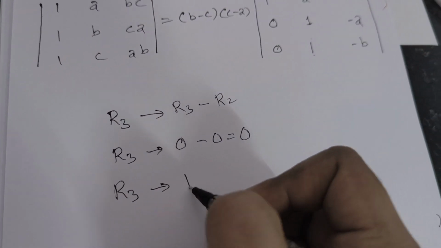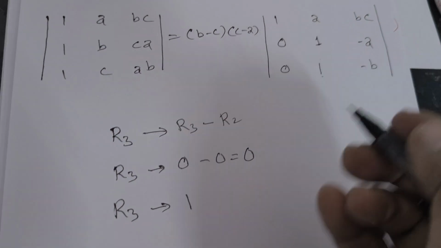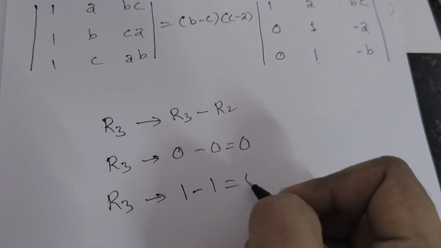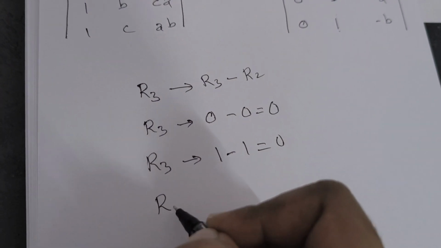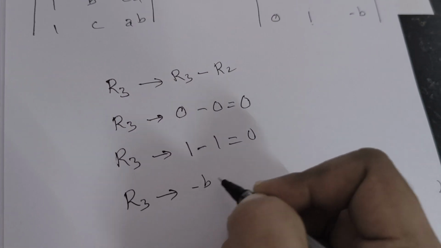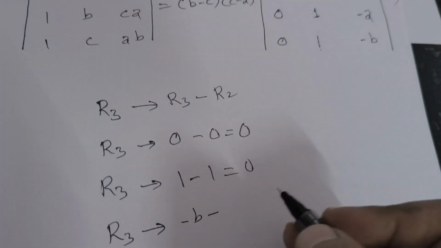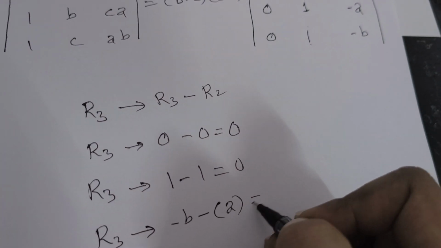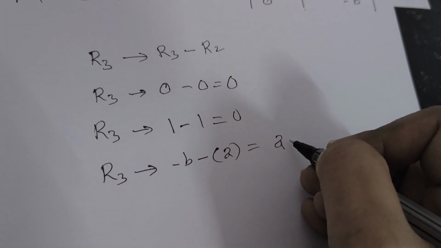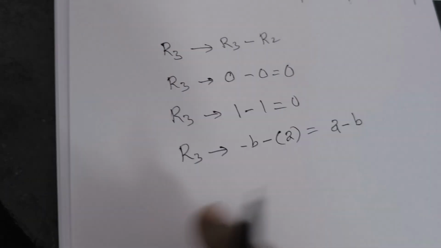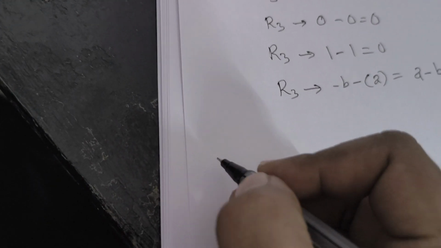R3 second term 1, R2 second term 1, 1 minus 1 is 0. R3 third term minus b, R2 third term minus a, so minus b minus of minus a, which is plus a. So we write the positive value first: a minus b.